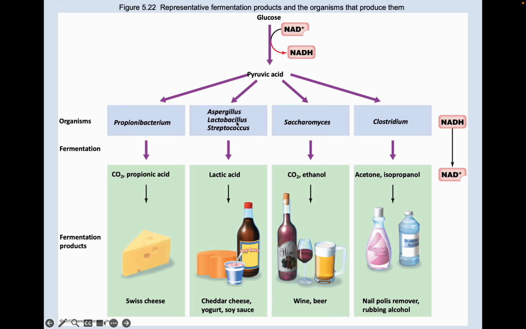So we have Aspergillus, which is a fungi, Lactobacillus and Streptococcus bacteria, and these are used to make things like cheddar cheese, yogurt, and soy sauce. All right, and then Clostridium is a bacterial organism that's used to produce acetone and isopropanol, which we use in nail polish remover and also rubbing alcohol.